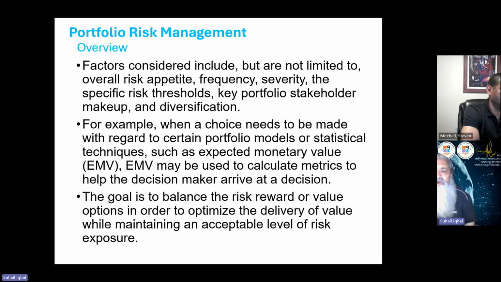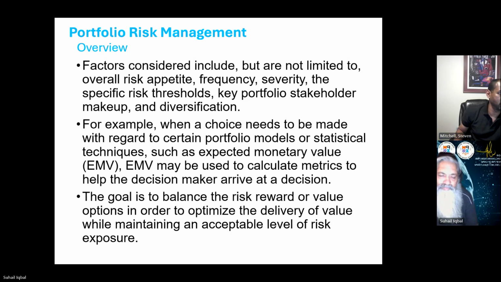For example, when a choice needs to be made with regard to certain portfolio models or statistical techniques, such as expected monetary value, EMV, you remember that? EMV, expected monetary value, you use in your decision trees, in risk management.